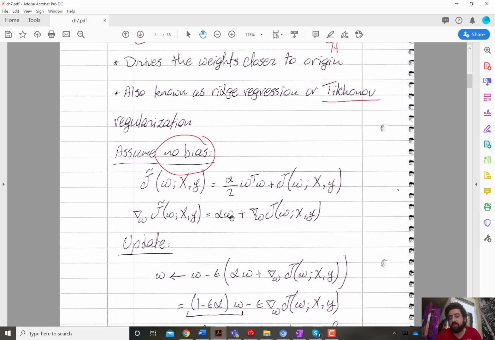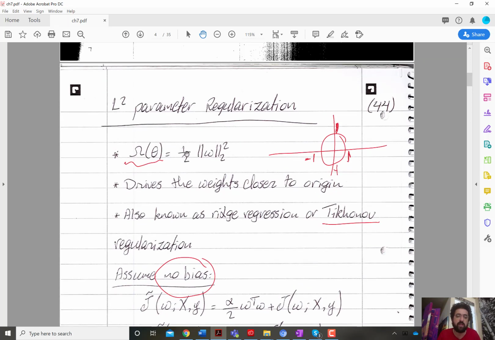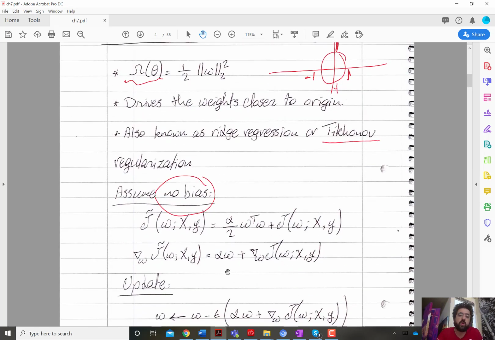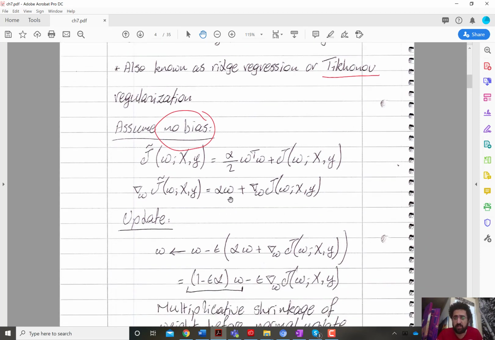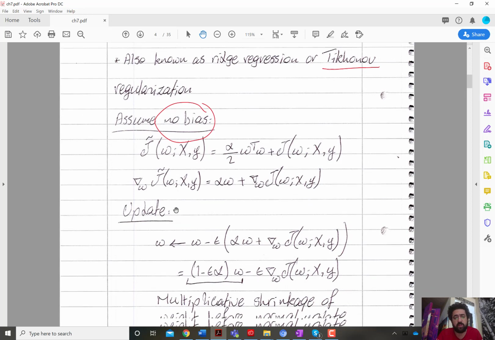The same expression extends to vectors: the derivative of the scalar W squared is 2W. So the 2 cancels the half, and that's why we had the half for convenience. You end up with alpha omega as an extra term added to the gradient of the cost function.